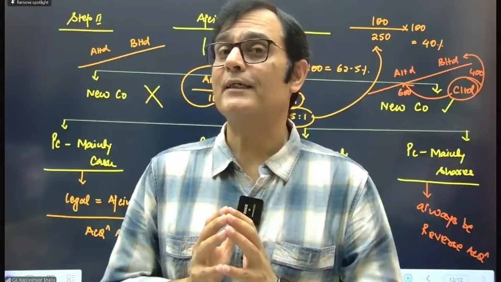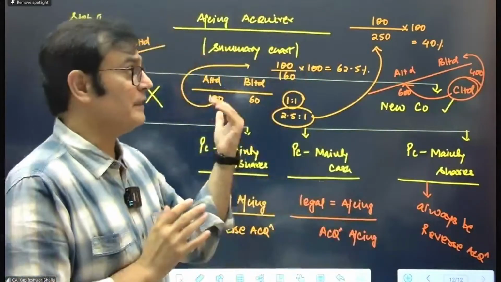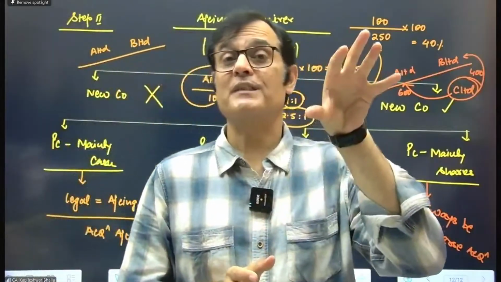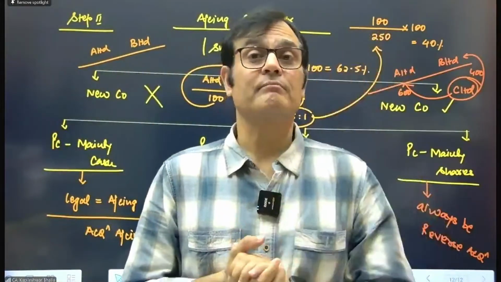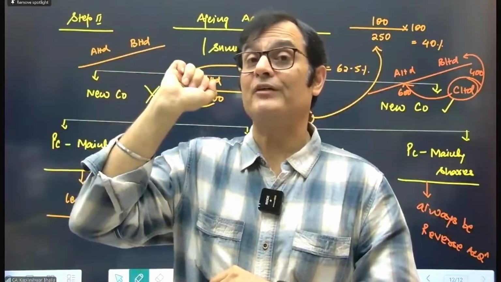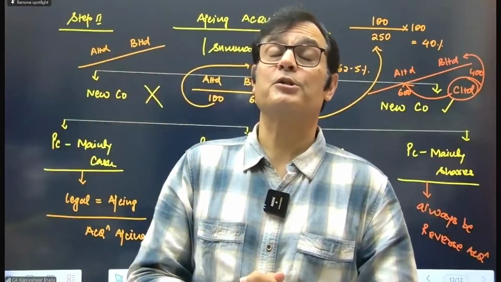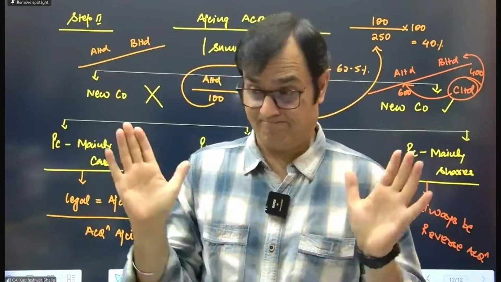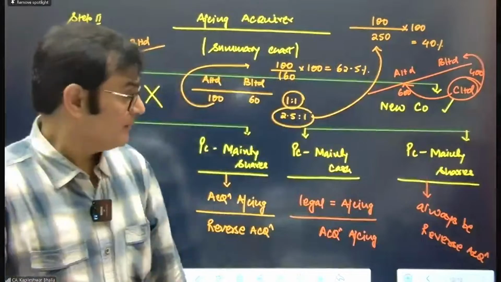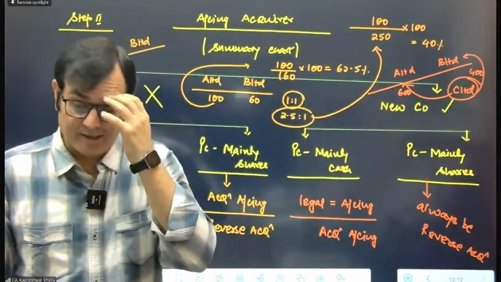What decides acquisition or reverse acquisition accounting is mainly step number 2. I hope you got the picture clear that your first focus is related or unrelated, and if it is unrelated, your second focus is step number 2, which will decide whether it is a case of acquisition or a reverse acquisition. The reverse accounting, appendix B, will apply.